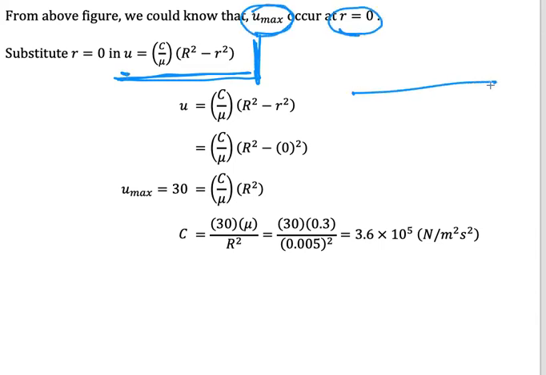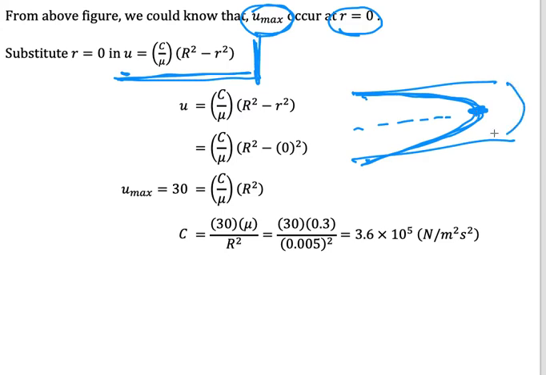As I said, for the developed region at small diameter, the maximum velocity will occur at the center line of the pipe. Normally for circular shapes, the center point is r equal to 0 and the maximum is r equal to capital R.